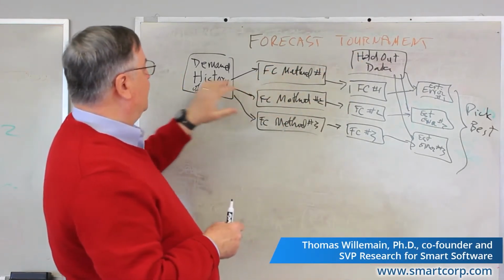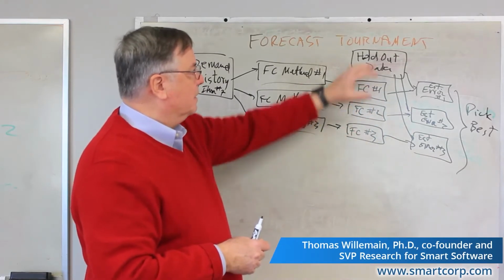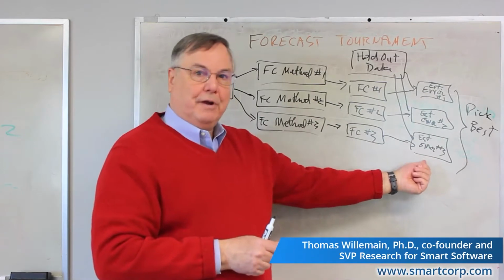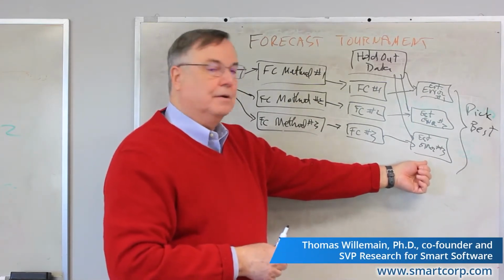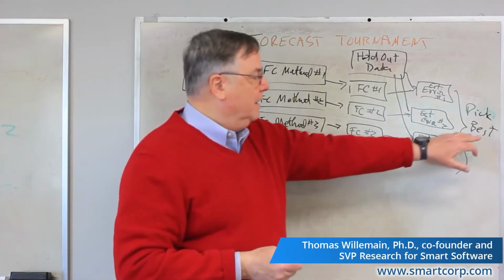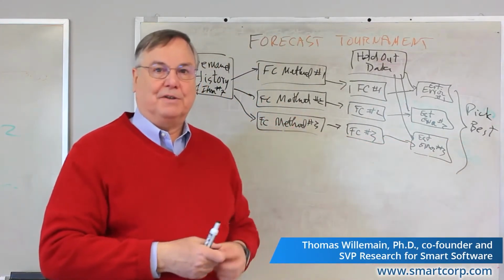Try each of the methods on the demand history, make the forecasts, and compare them to the actuals. Compute a summary measure of error, the average absolute error, in other words, ignoring whether the sign is positive or negative, and then pick the best, and then move on to the next item and repeat the whole process.